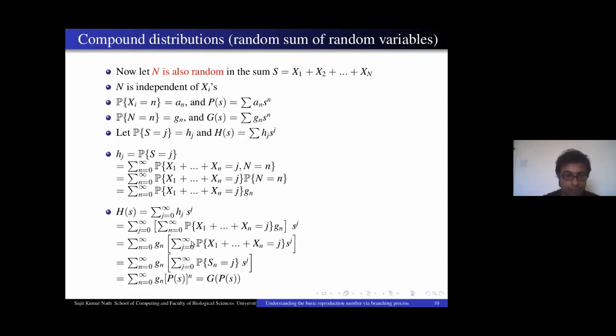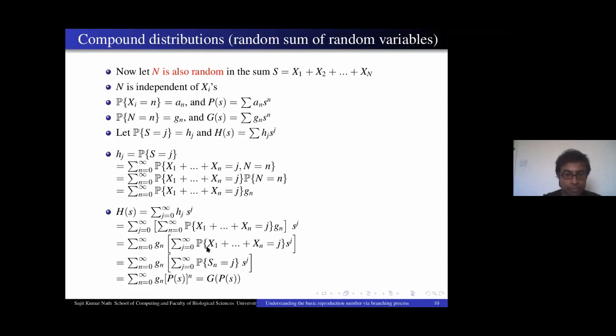interchange the order of summation, and gn comes out, and the summation inside this bracket will be the summation over j of the probability of X1 plus ... plus Xn equal to j, where n is now a deterministic number, times s to the power j.